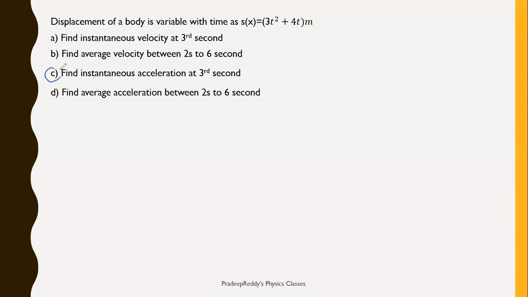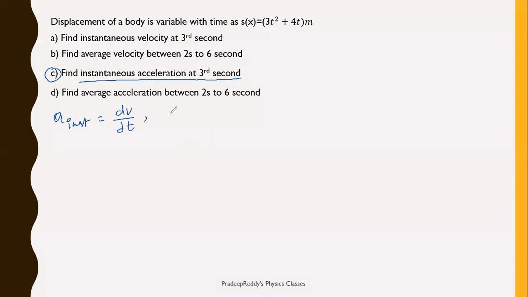Coming to question C, find instantaneous acceleration at third second. So remember, in order to find instantaneous acceleration, you should use differentiation. A instantaneous is equal to dv divided by dt, right?